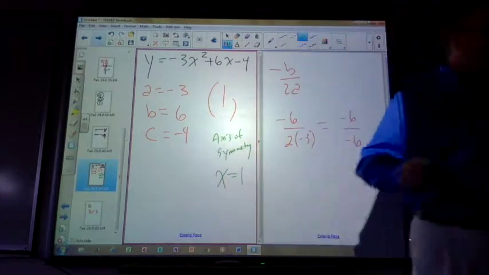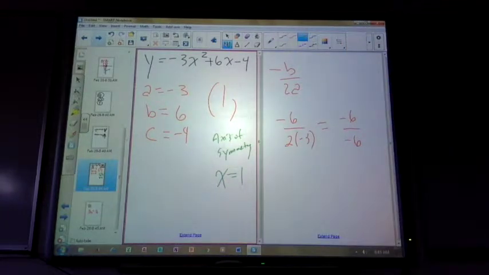X equals 1 is a vertical line that has an undefined slope. So x equals 1, and then it says it is a blank.